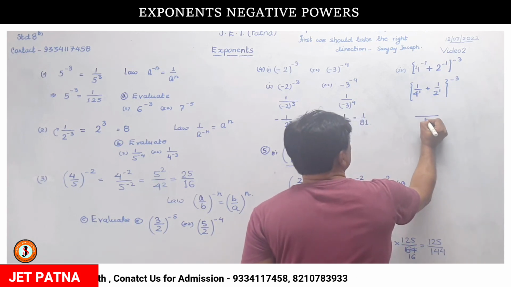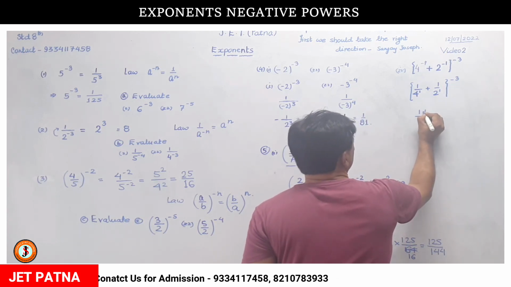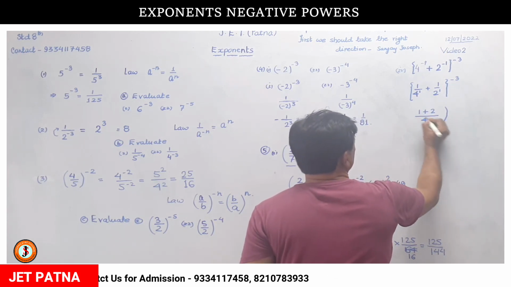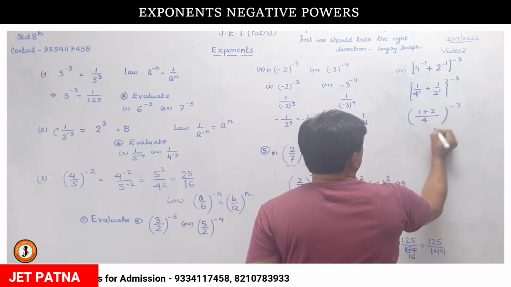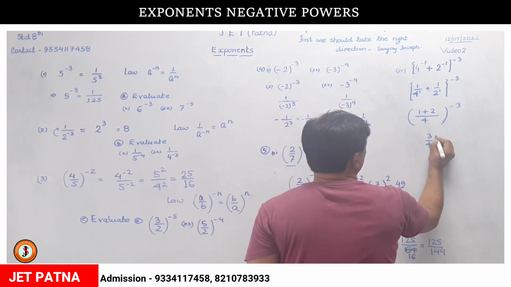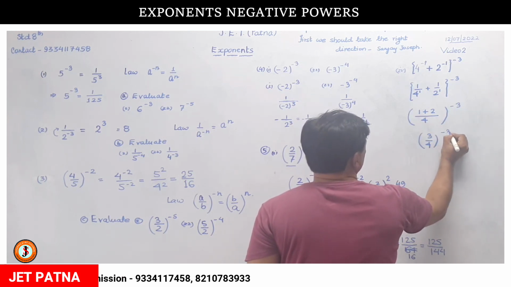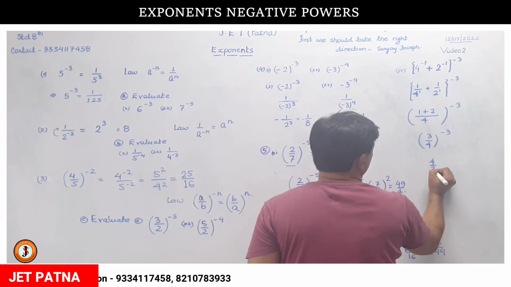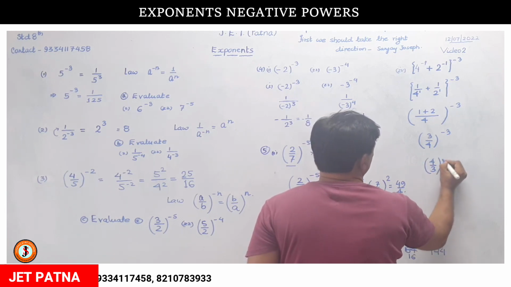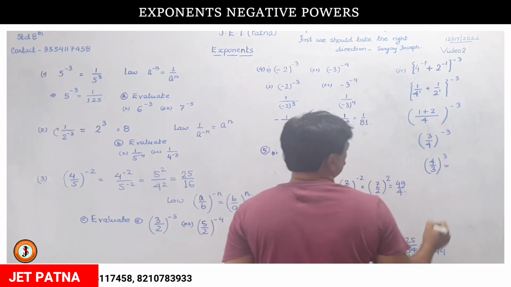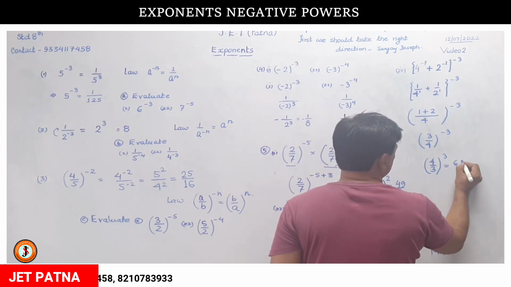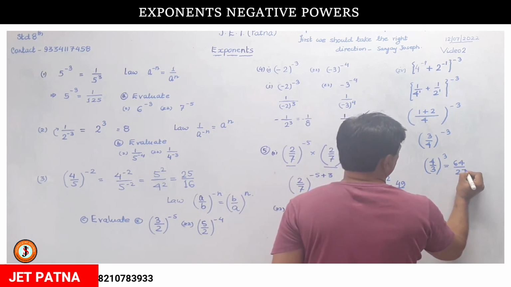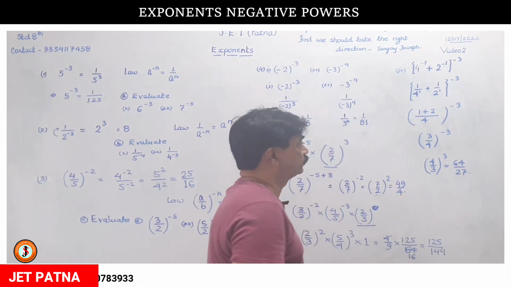Now I take the LCM, this becomes 3 by 4 to the power negative 3, so this becomes 4 by 3 to the power positive 3, and this becomes how much? 64 by 27.